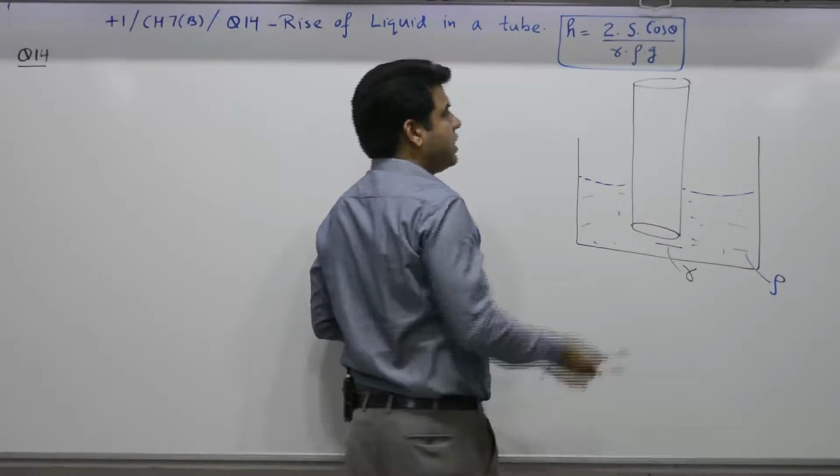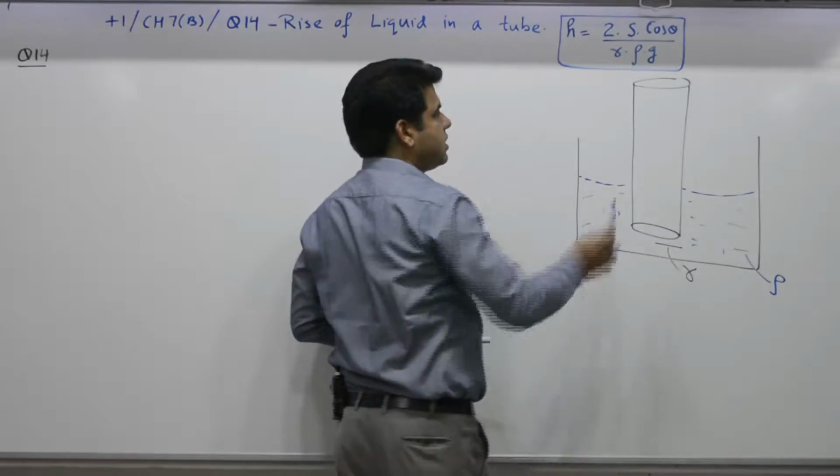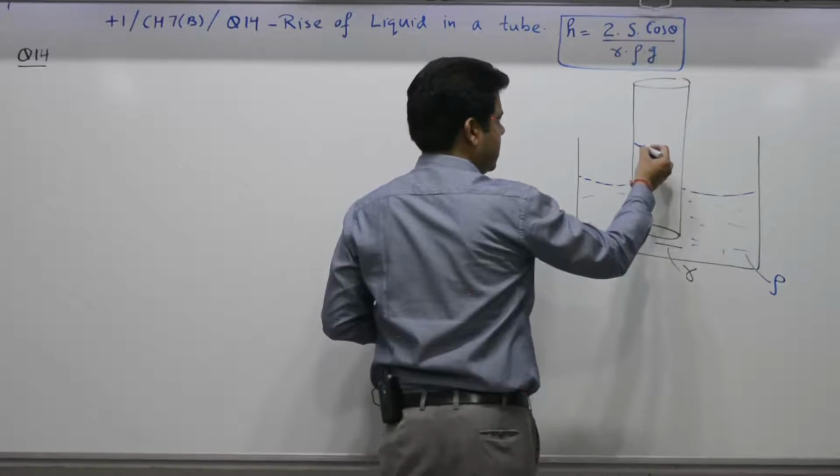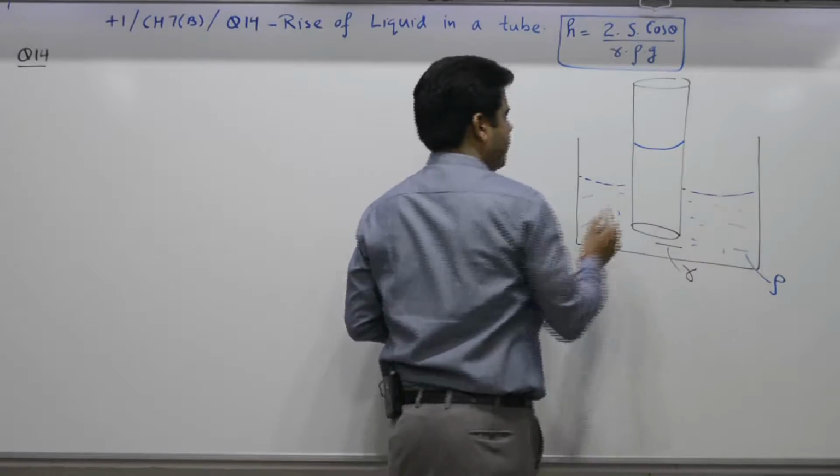Surface tension of the liquid is S. Theta is angle of contact. Then the liquid will rise above this level.